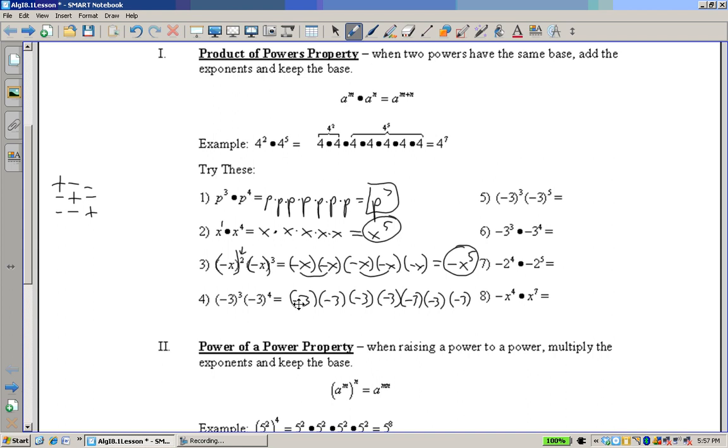Now we have 1, 2 negatives, that makes a positive. Another pair of negatives, that makes a positive. Another pair, that makes a positive. 1 left over. Now we do know we're dealing with 3, so this will make the whole thing negative. So this is 3 to the 1, 2, 3, 4, 5, 6, 7th power.